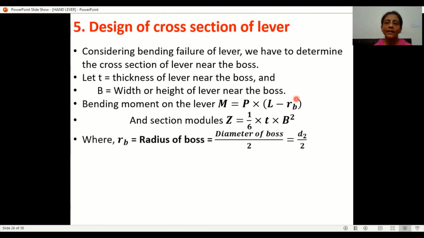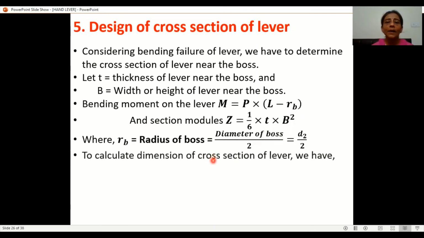RB is the radius of the boss, which will be D2 by 2. If we want to calculate the section of the lever, that is thickness and breadth, we have to use the equation of bending stress, sigma B equal to M upon Z.